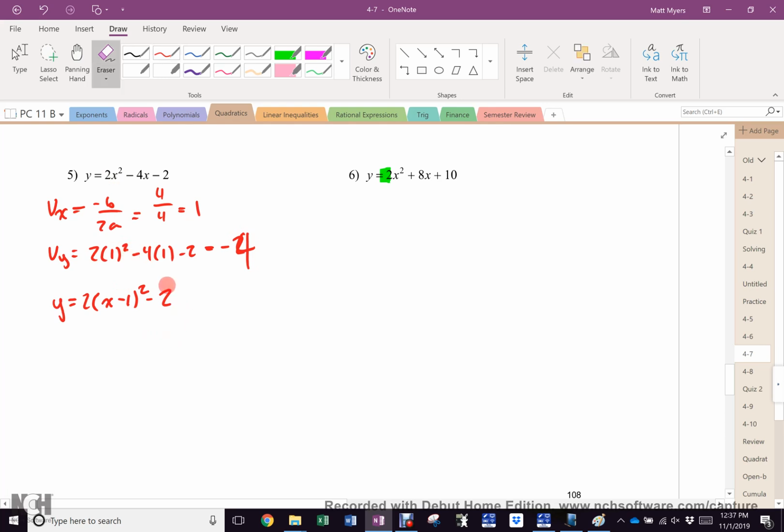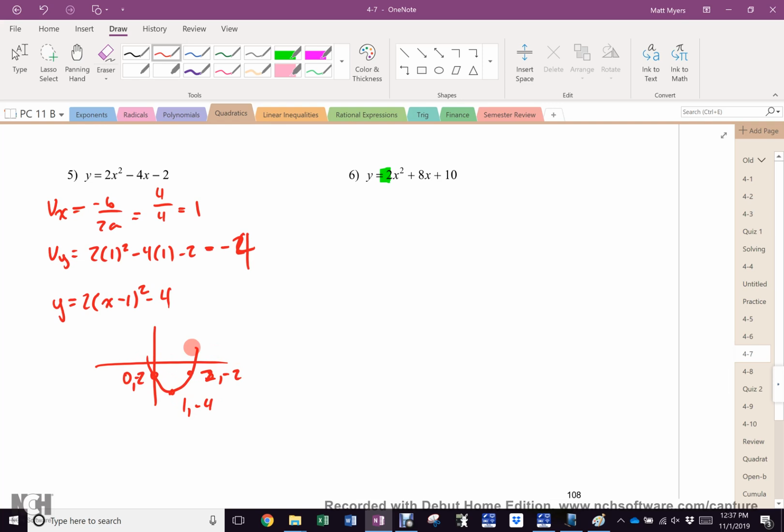So now, negative 4. Now it's going to graph right. 1, negative 4. 0, negative 2. 1 away, so I got to go 1 away. So that's 2, negative 2, and then I graph. Okay, I made the same mistake as you. 1 squared is not 2. It's 1.